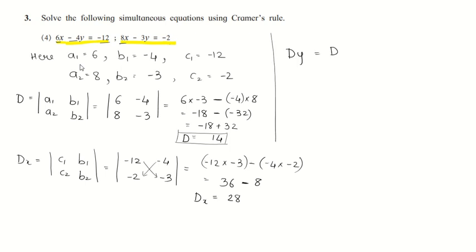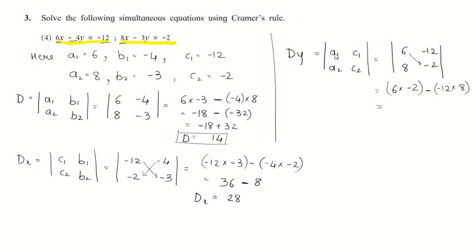Now we will check for Dy, which is a1, a2 and c1, c2, that is 6, 8, minus 12 and minus 2. That is 6 into minus 2 minus minus 12 into 8. 6 into minus 2 is minus 12.